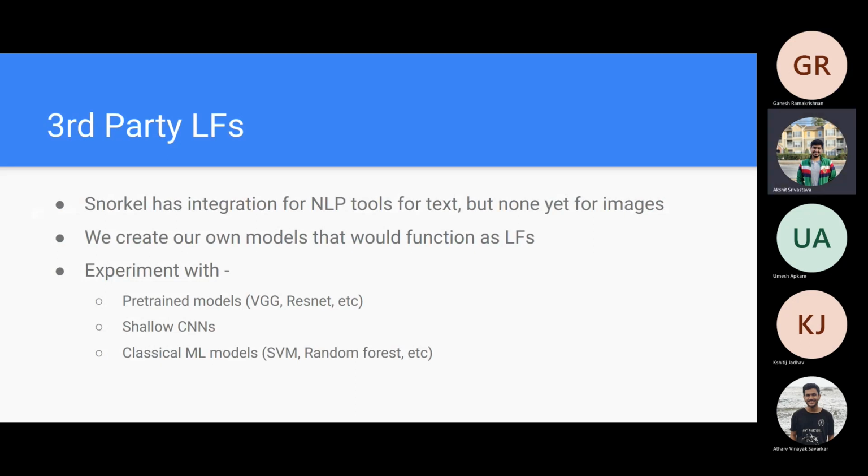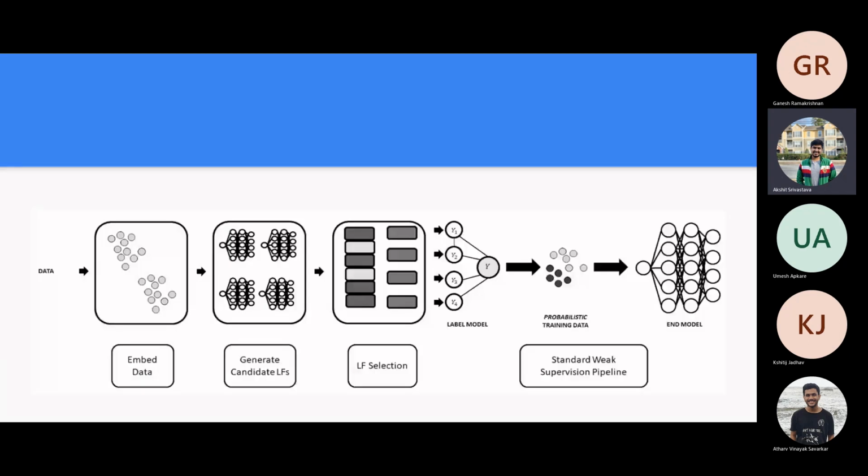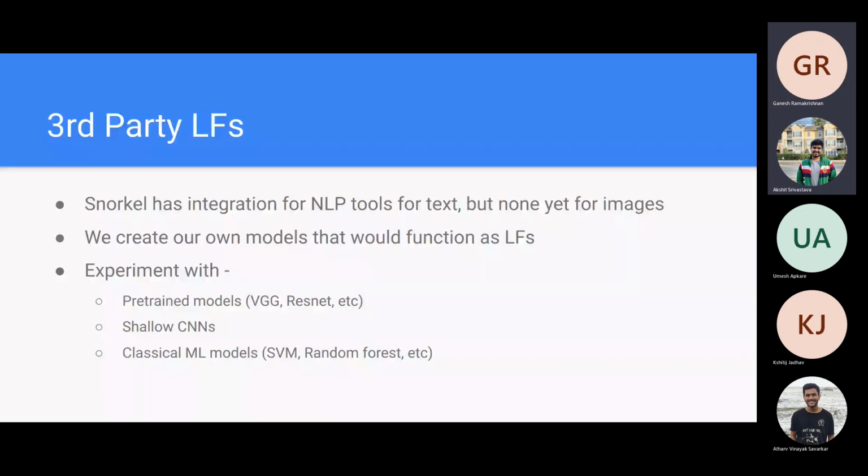So the idea was to have multiple labeling functions that are ML models of their own. We basically have three types of choices for our labeling functions: they could be pre-trained models, shallow CNNs, or classical models like random forest, support vector machine, etc. Since the labeling functions are to be trained on very small subsets of data, it was recommended that we use shallow or simple models, but multiple ones.